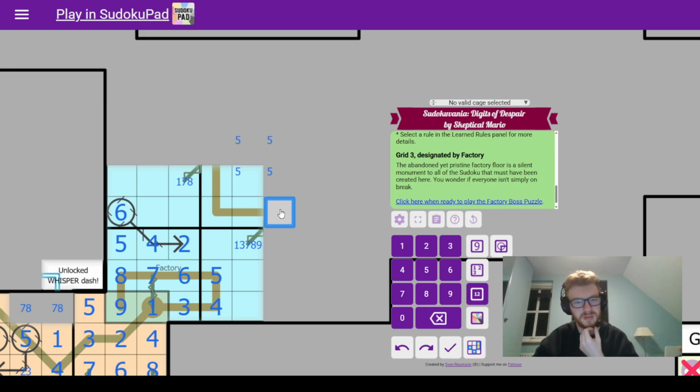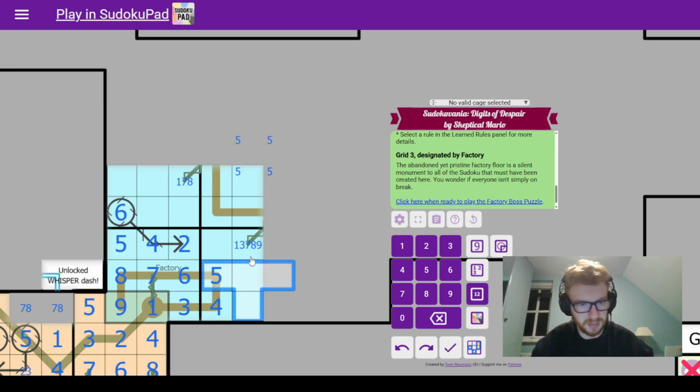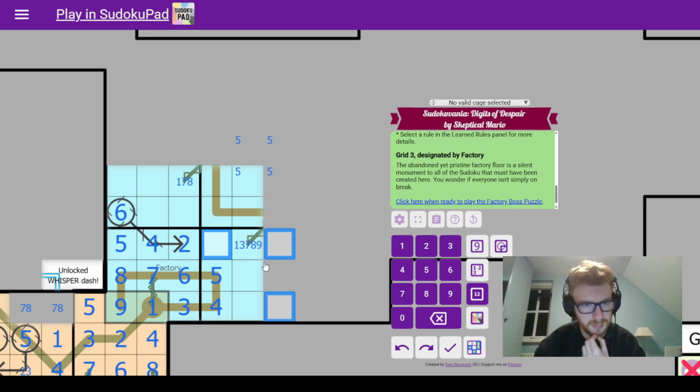Well, it couldn't be a 6 anyway because of the thermo. But that's still something interesting, right? Because those 3. Okay, but if that's a 3, that has to be an 8 or a 9. But that's possible.